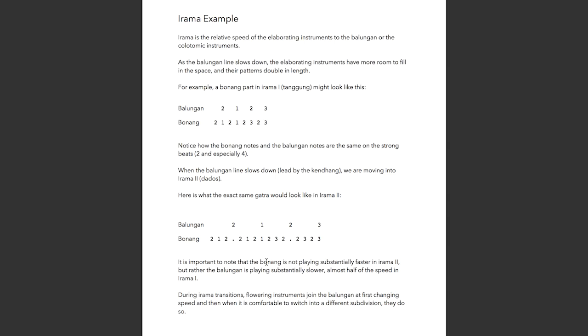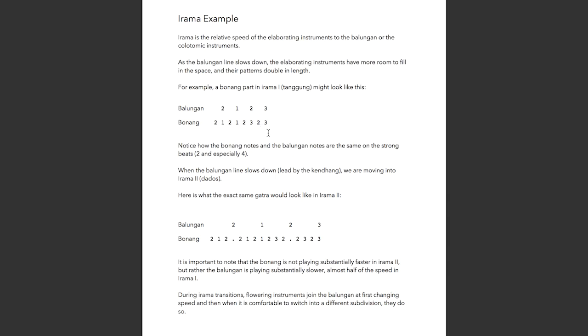And it's the same thing when we're moving to a faster irama. As we're speeding up, at first we're speeding up together. So if, for example, it was just this same balungan melody repeated over and over again, 2, 1, 2, rest, 2, 1, 2, 1, 2, 3, 2, rest, 2, 3, 2, 3, and so on.